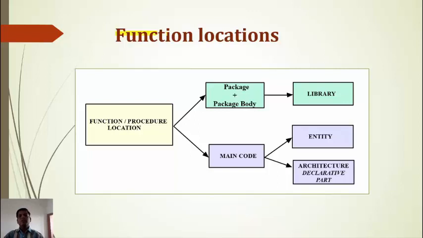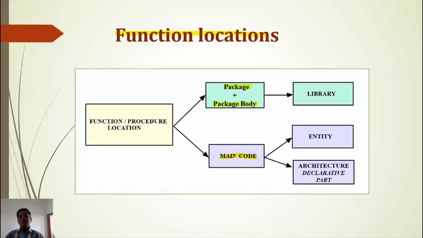Next, function locations, or procedure locations. Here is the block diagram. We have shown all the terms included in functions. Function location or procedure location may be divided into two major parts: the main code, and the package and package body.